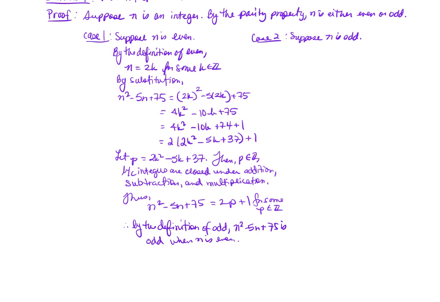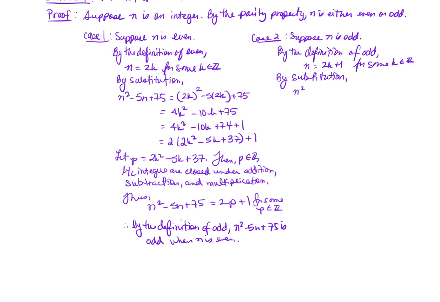Let's start with supposing that n is odd means that by the definition of odd, we know then that n is equal to 2k plus 1 for some integer k. And now by substitution, this is where things get fun.